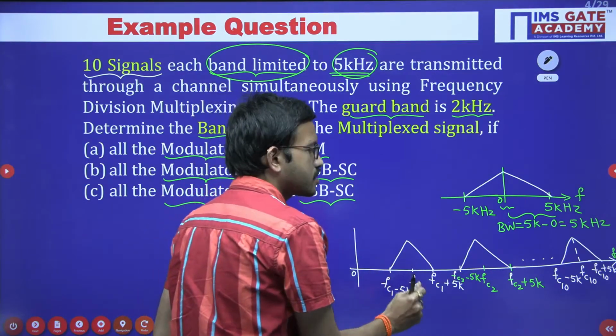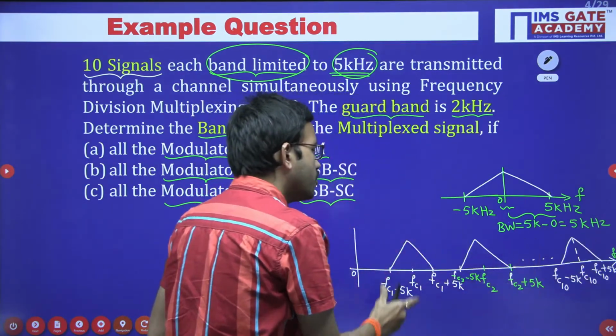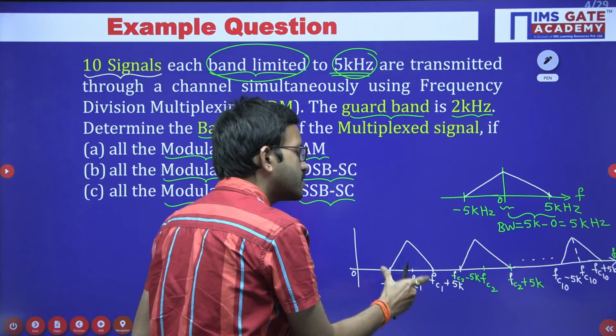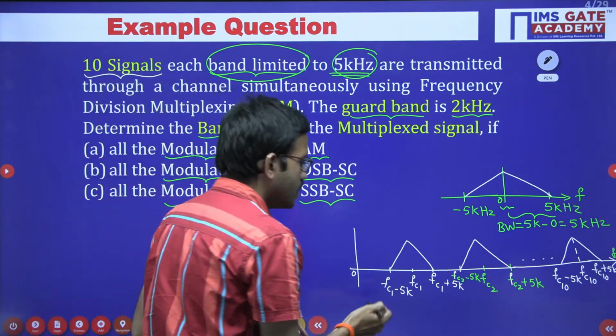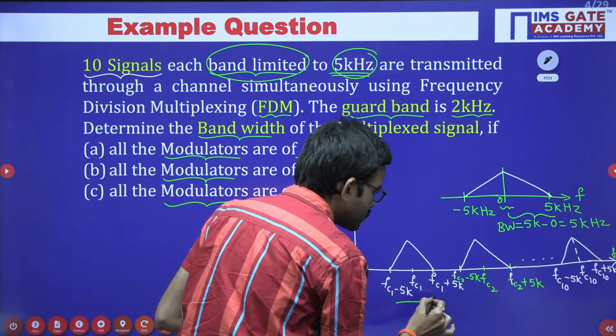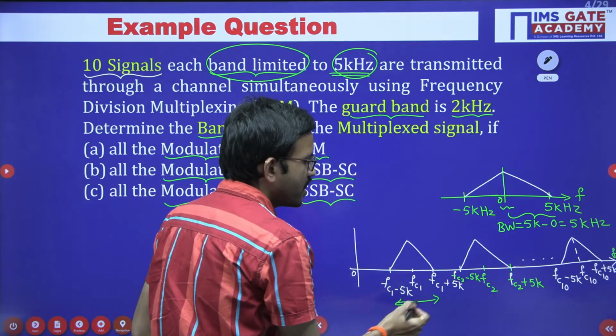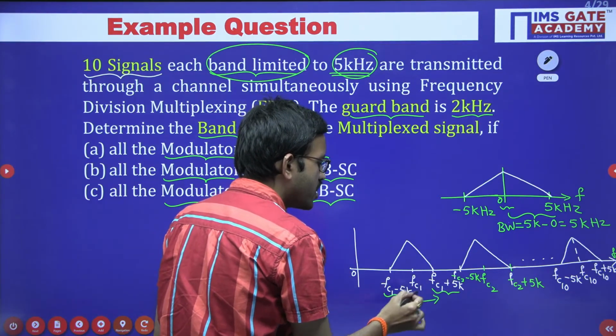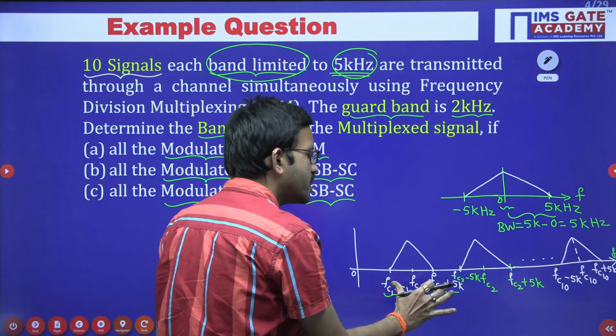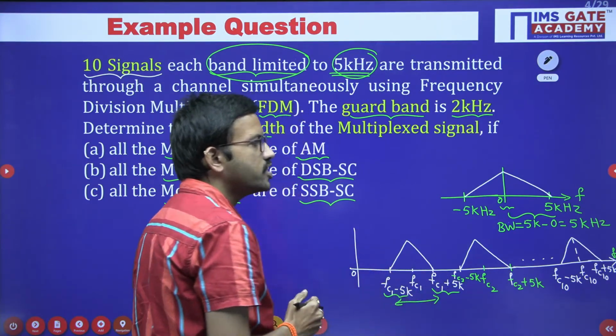Now forget about the remaining signals. If I ask this particular signal's bandwidth, what will be the answer? This is the bandwidth. Here you have the upper maximum frequency and here the lower frequency, so taking the difference of these two gives the bandwidth.